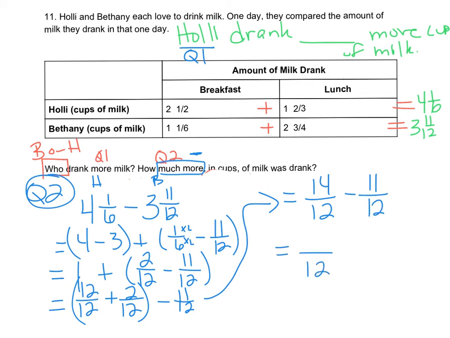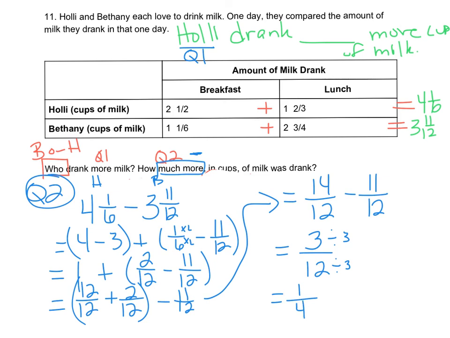So 14 minus 11. So 11 plus 3 is 14. But I can simplify that. So 3/12: 3 and 12 are both divisible by 3. So 3 divided by 3 is 1. 12 divided by 3 is 4.